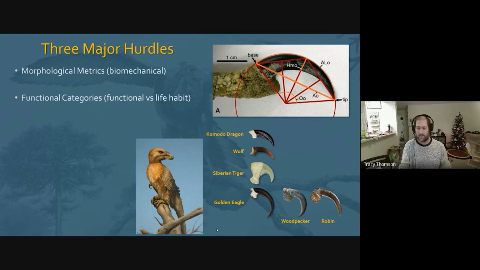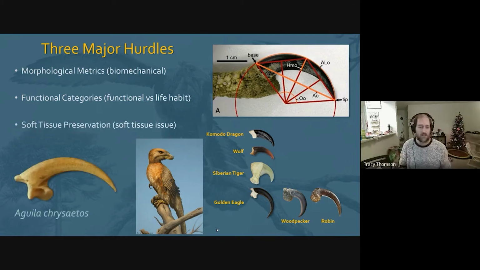And then conversely, if you look at the bottom row, we have a golden eagle, woodpecker, and a robin. This is a predatory bird, a climbing bird, and a perching bird, and the claws look very similar. So having a sense of what the function of the claw actually is, and not just lumping everything as predatory or as perching, needs to happen.